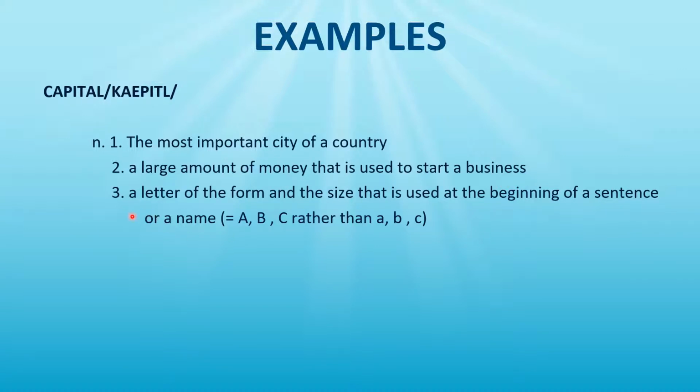Number three, a letter of a form and size that is used at the beginning of a sentence or a name. Like you can see here A, B, C rather than small letters a, b, c. So this is also the meaning of capital. We can say capital letter or capital words. So these are the same meanings.